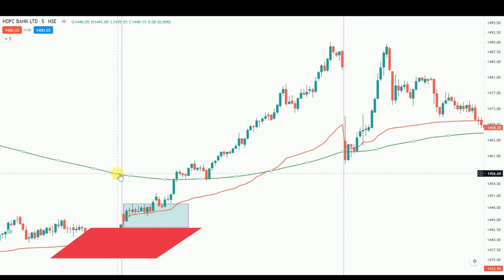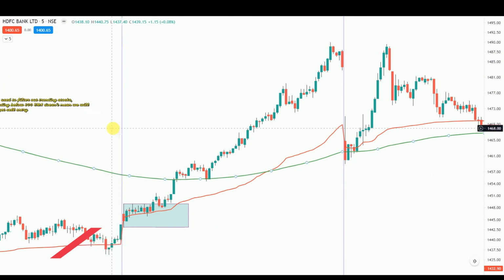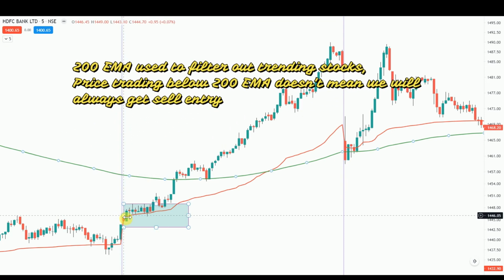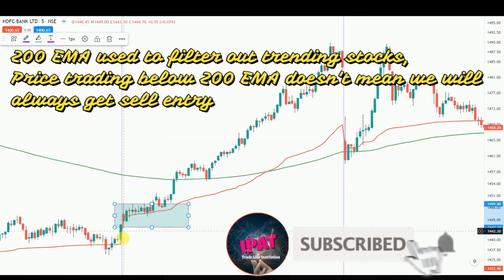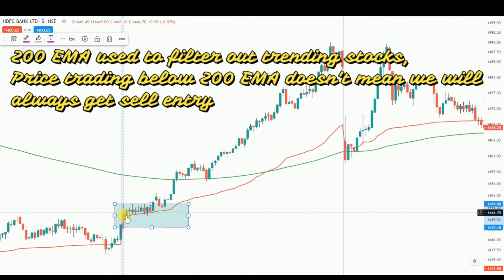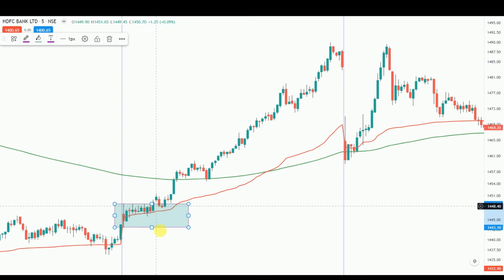Please note that we have used 200 EMA to filter out the stocks which are trending and sideways only. We can also get a long entry into the stock which is trading far beyond 200 EMA and trading below it, but during the starting of the session the price is respecting the VWAP and creating any of our four types of entry method, like in this case where it is forming the initial range, and when it breaks out of the range, then it gave a very nice move.